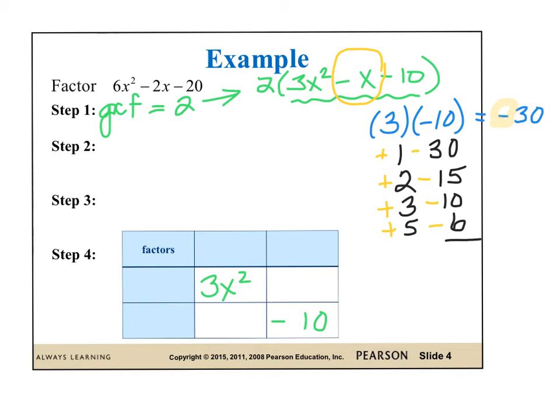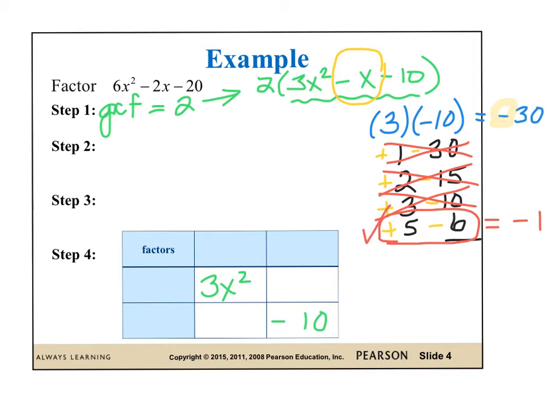Now, hopefully it's obvious that positive 1 minus 30 is -29, and that is not -1. And positive 2 minus 15 is -13, and that is not -1. Positive 3 minus 10 is -7, and that's not -1. But positive 5 and -6 equals -1.